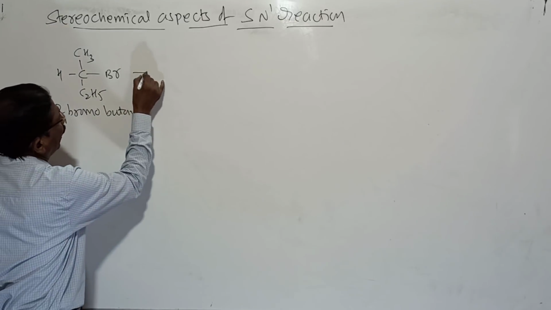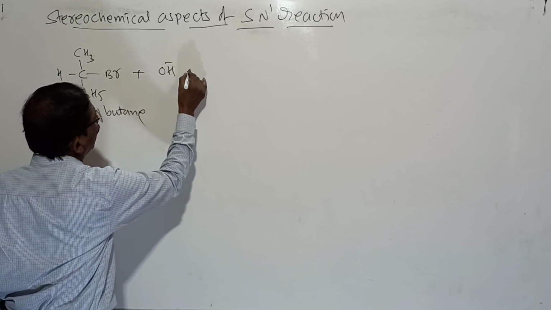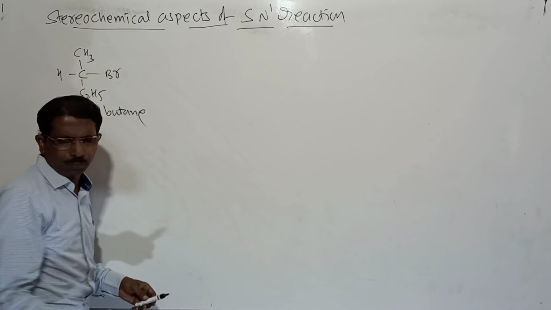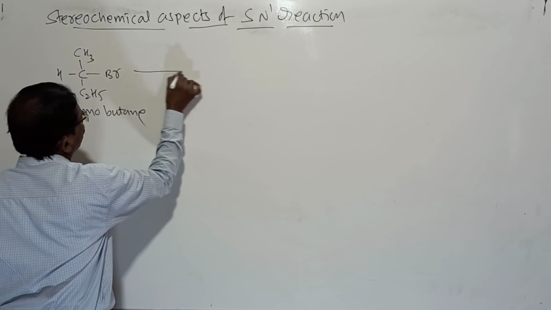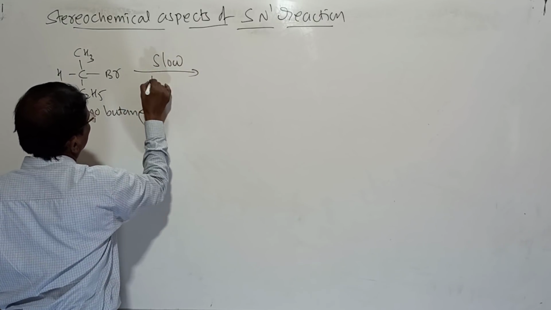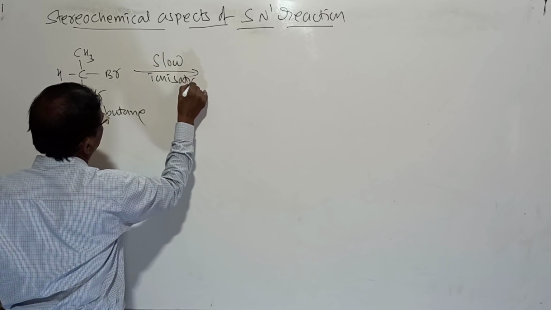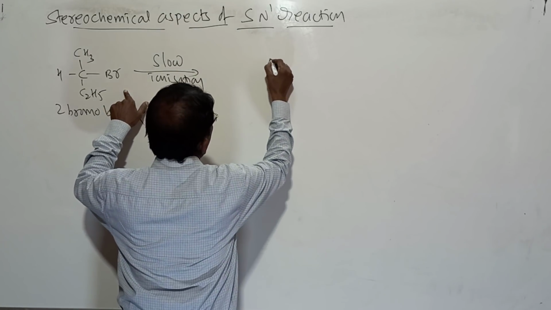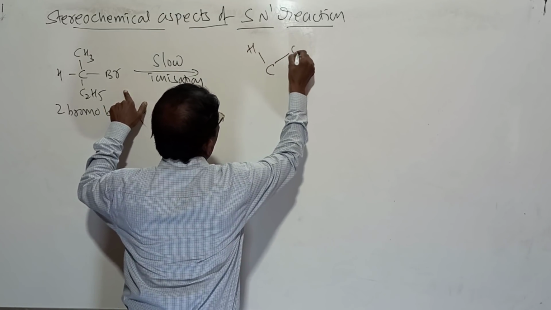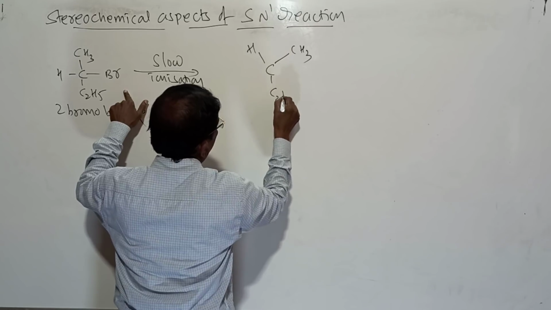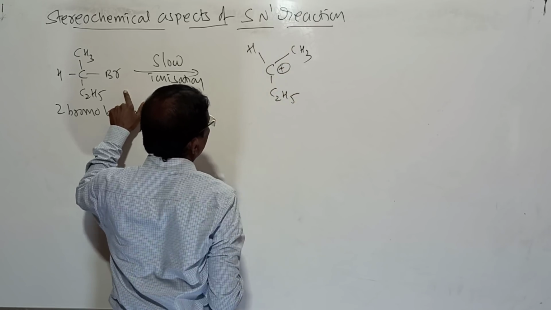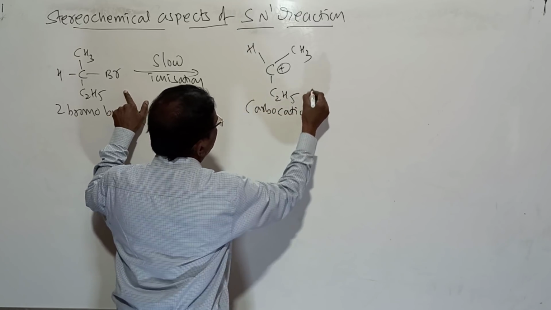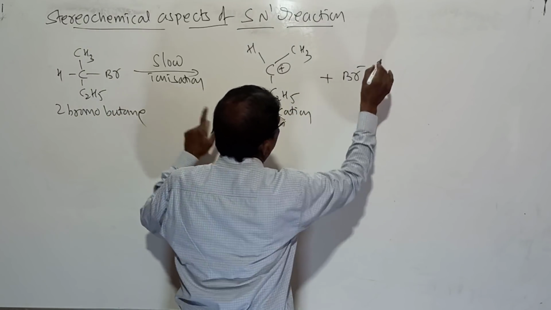When this 2-bromobutane is treated with a nucleophile OH minus, it undergoes slow ionization, forming the carbocation CH3, C2H5, plus Br minus.